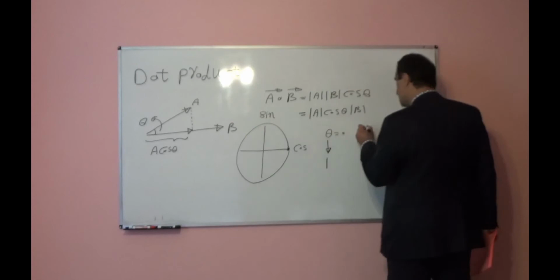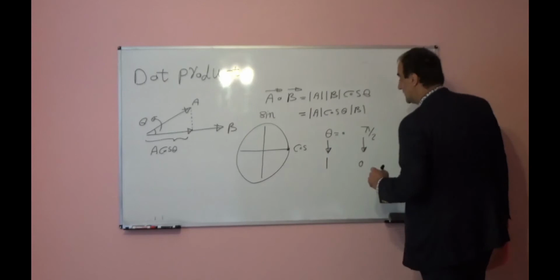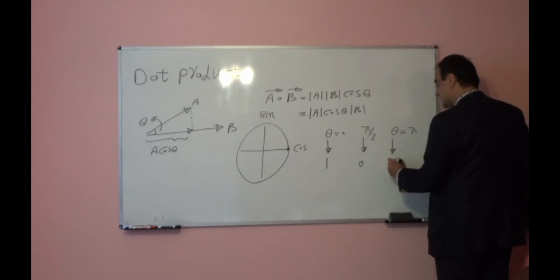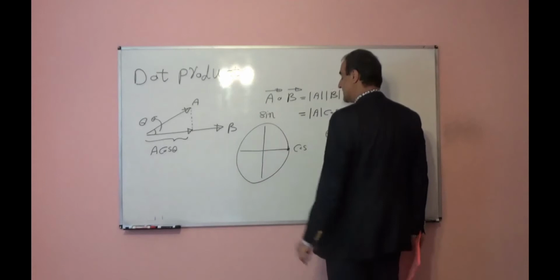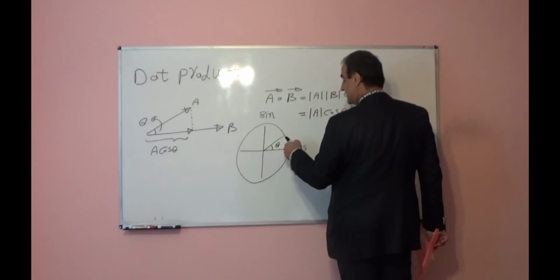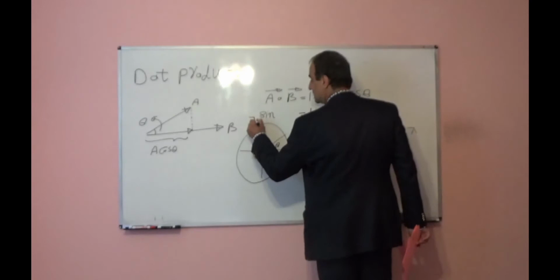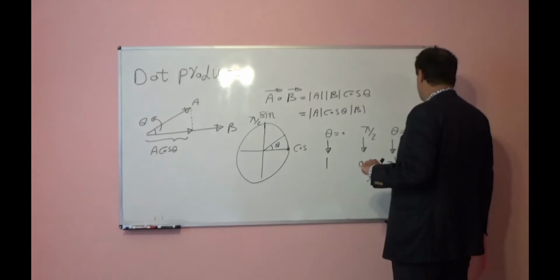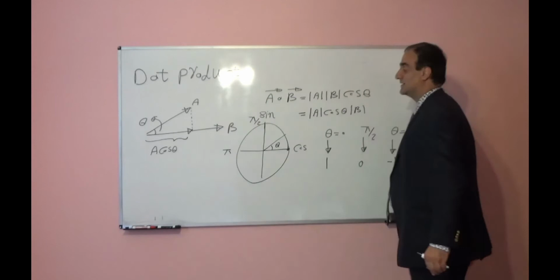Theta equal to pi over 2, the cosine will be 0, and theta equal to pi, the cosine will be negative 1.